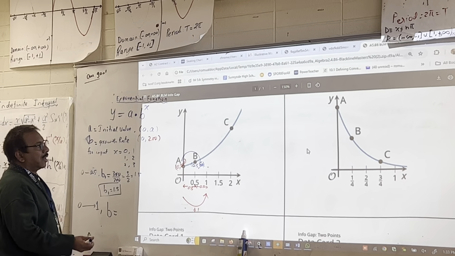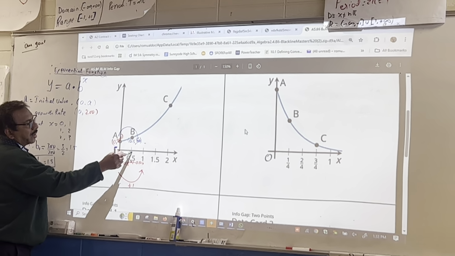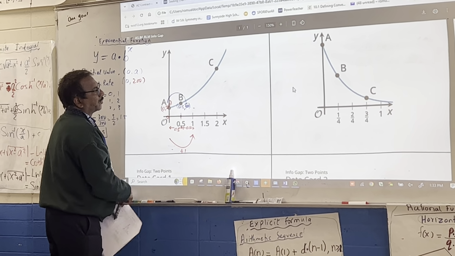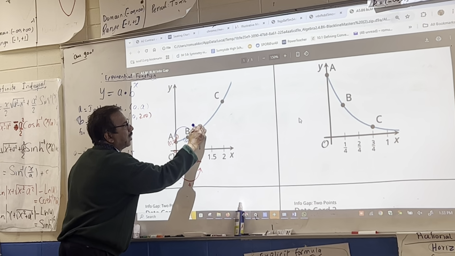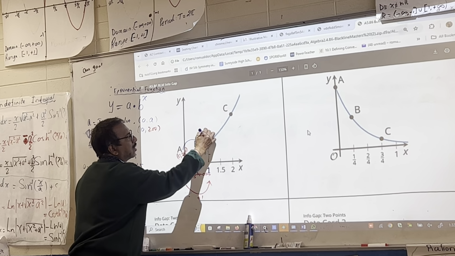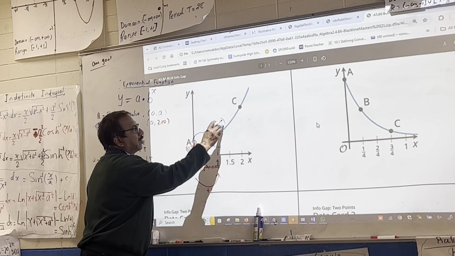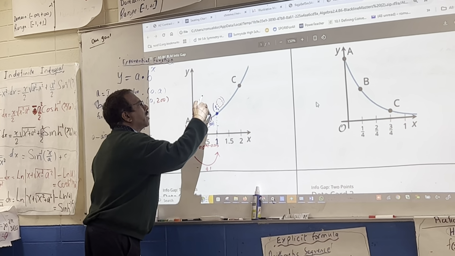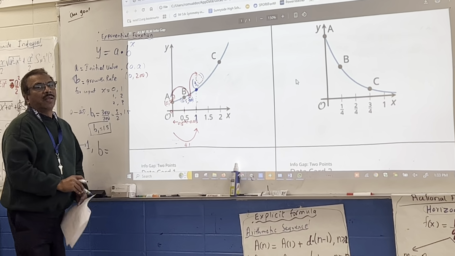In other words, the growth factor that we got here, 1.5, is only from 0 to here. But the growth factor that we want is for this piece. When it is 1, we don't know what this number is. So we want to know the growth factor from here to here, and then from here to here.